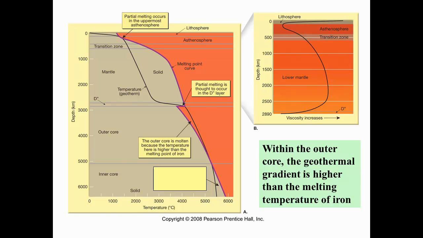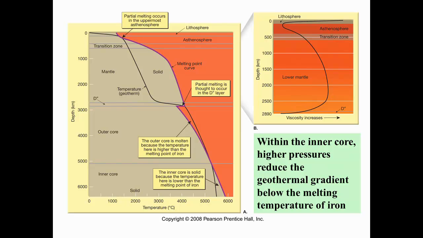The gradient is well within the melting field of iron, so this tells us that the outer core is liquid. And then when we finally enter the inner core, the geothermal gradient is again below the melting temperature of iron.